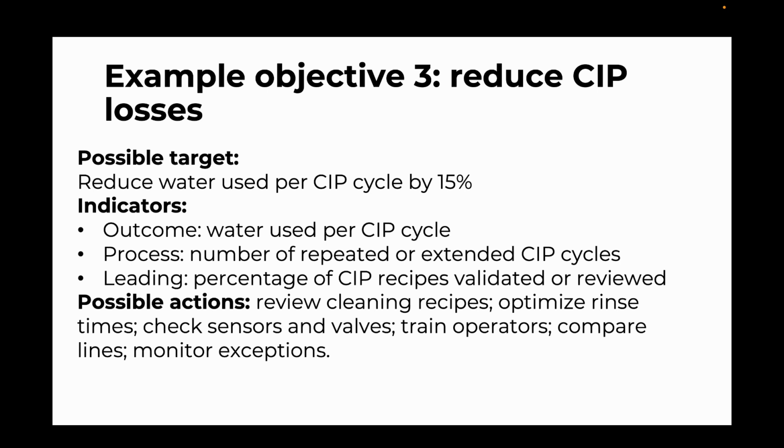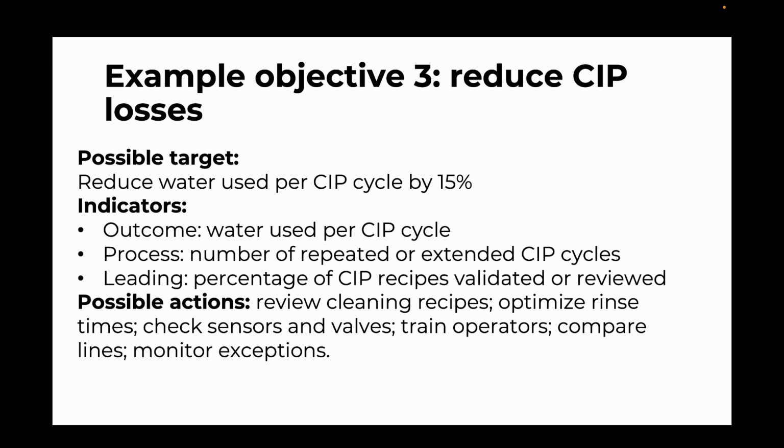For BlueRiver, cleaning in place can be one of the most important water related activities. So it uses water, chemicals, it may use energy, it generates wastewater, and if it's not well controlled, it may create unnecessary losses. So reducing cleaning in place losses can be a very good objective. So the target could be reducing water use per cleaning in place cycle by 15%.